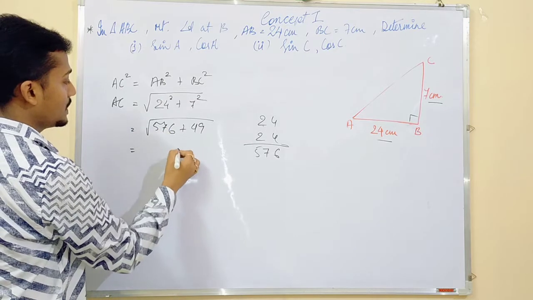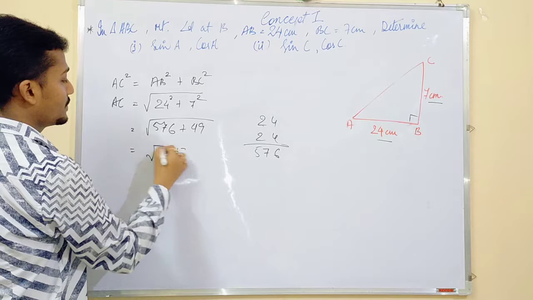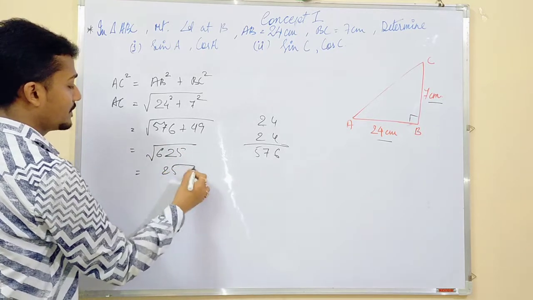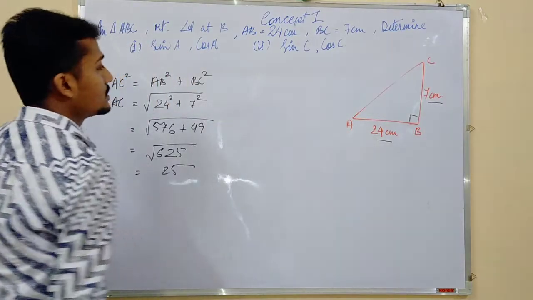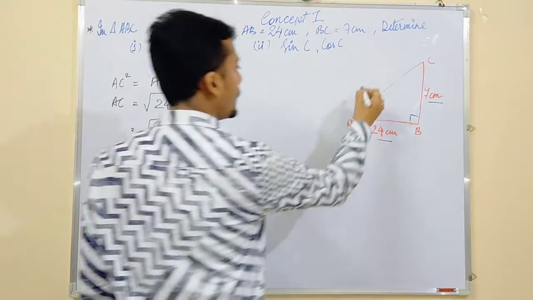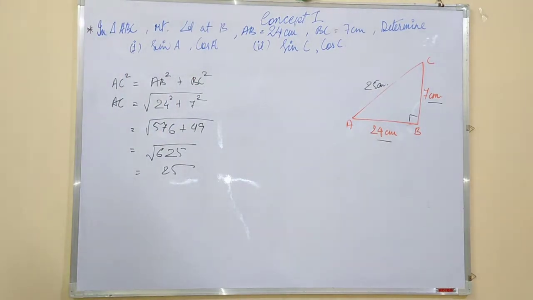Add them and you will get 625. Root over 625 is equal to 25. Okay, so it is 25 centimeter. Now you have to find out sin A and cos A first.